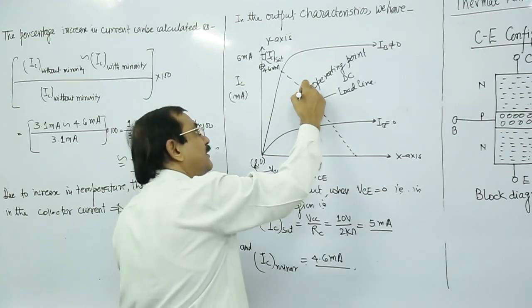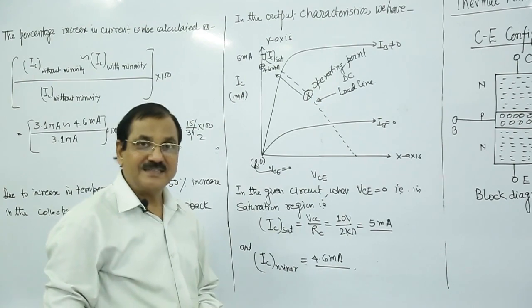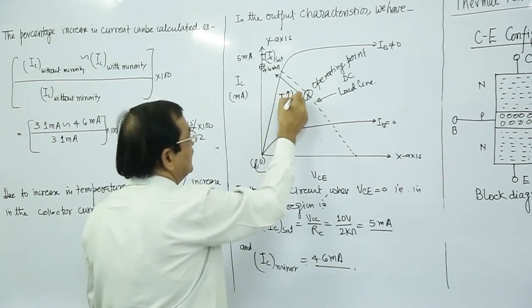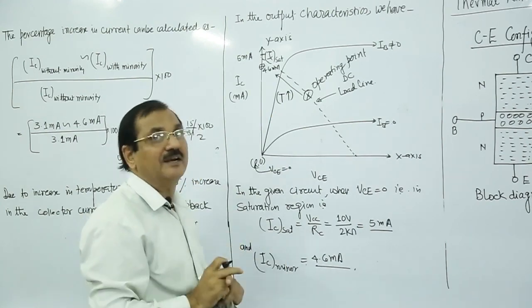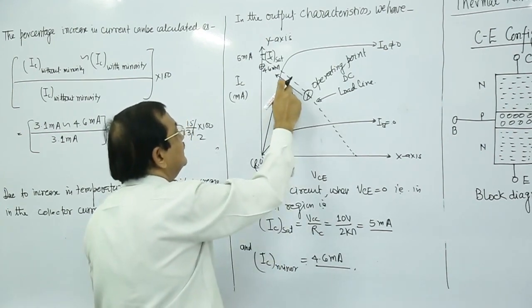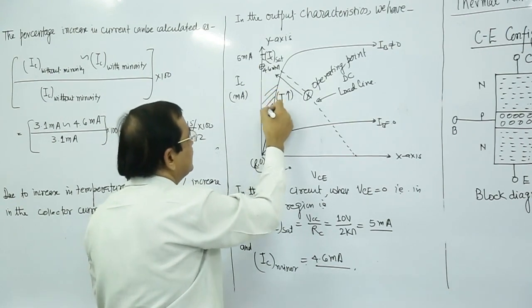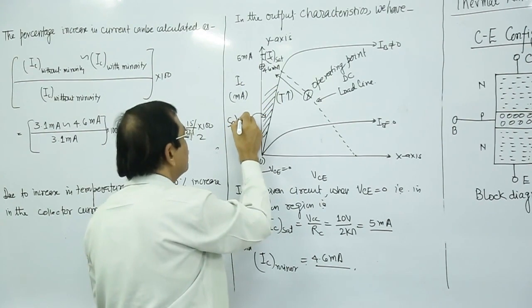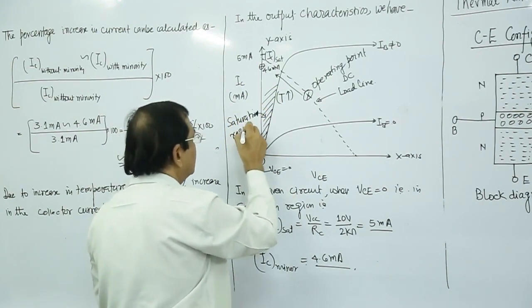The operating point will shift in this way when the temperature increases. Due to thermal runaway, this will increase in this part, which is known as the saturation region.